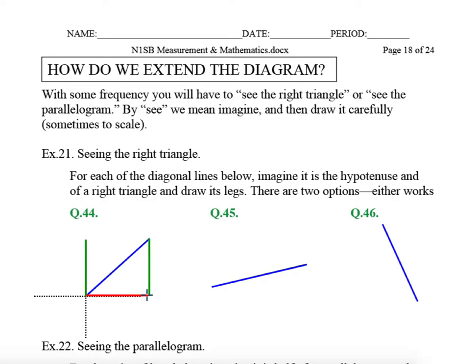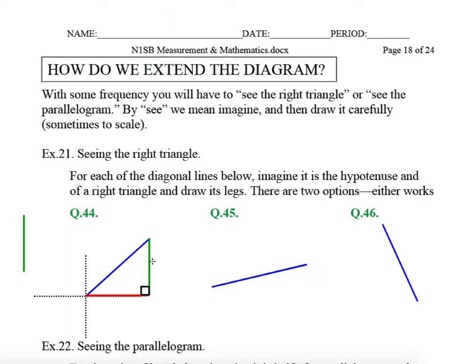You should see that that is the same leg. So I'm going to move this one out of the way for a moment. So now we have made the legs of our right triangle. So this is what we mean by seeing the right triangle. So you could put your little right angle marker there in the corner if you'd like. There we go. So there's your right triangle.